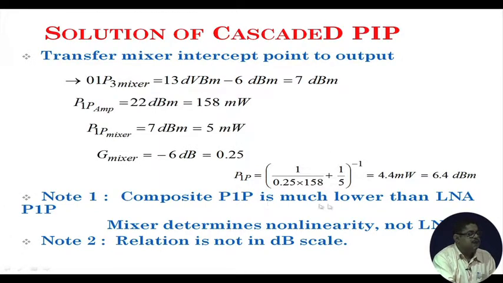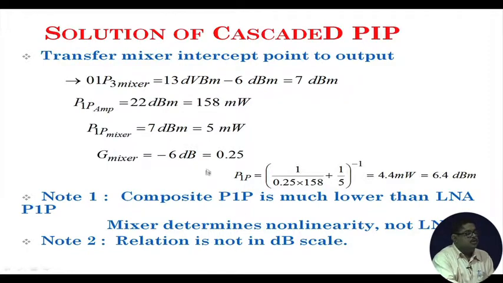So, composite PIP you see is much lower than the LNA PIP. Why? Because the mixer actually determines the nonlinearity. Even though we have a large signals case, the mixer always determines the nonlinearity. So, composite PIP is much lower. This is important because in the overall system you need to find out the nonlinearity.